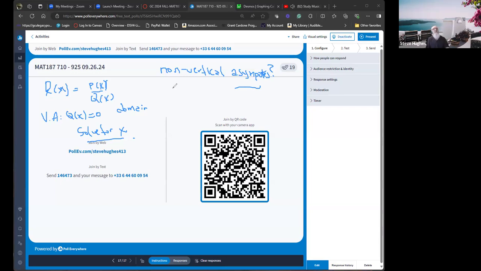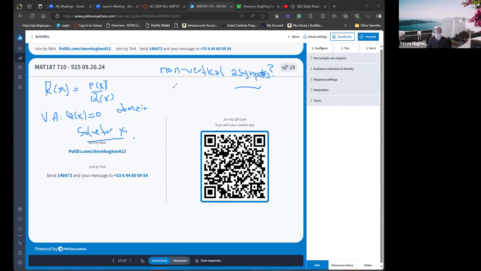If the degree of the numerator equals the degree of the denominator, we have a horizontal asymptote that consists of a ratio, like Justin said, the ratio of the leading coefficients. If the degree of the numerator is 1 greater than the degree of the denominator, we have a linear equation, that's the asymptote. If the degree is 2 greater, you have a parabola.